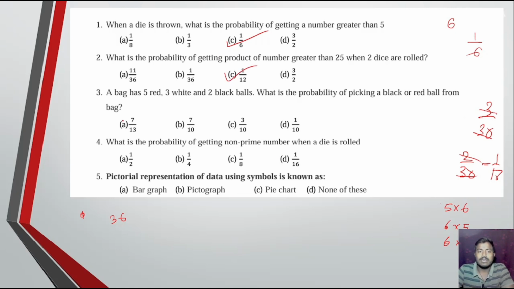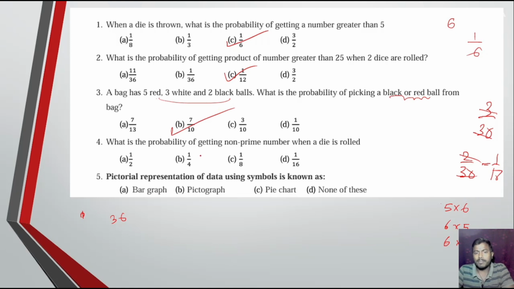Okay. Next question. A bag has 5 red, 3 white and 2 black balls. Find the probability of a black or red ball. Red is 5 and black is 2, so 7 divided by the total, which is 10. So 7 by 10.